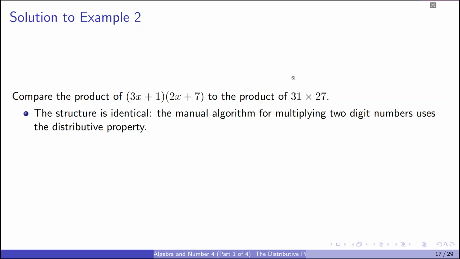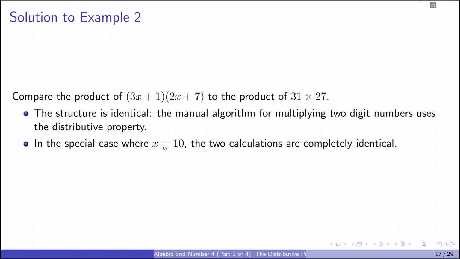Then you go 7 times the 3, but leave it a space over for the place value. That's 7 times 3x. So now we have our last, we have our outside. We'd put in the placeholder and then go 2 times 1. That's our inside. And finally, 20 times 30, that's our first. So in the special case where x is 10, the 2 calculations are completely identical.